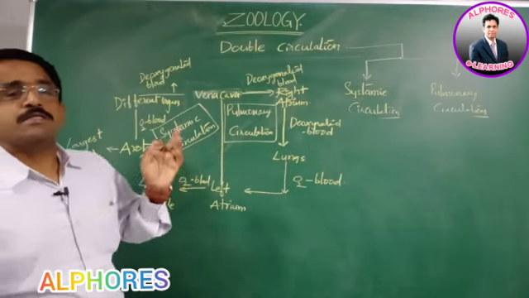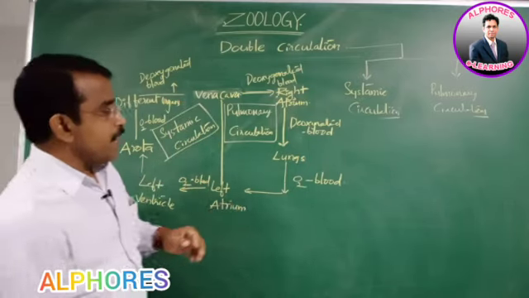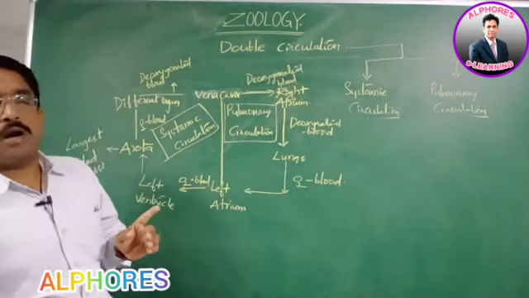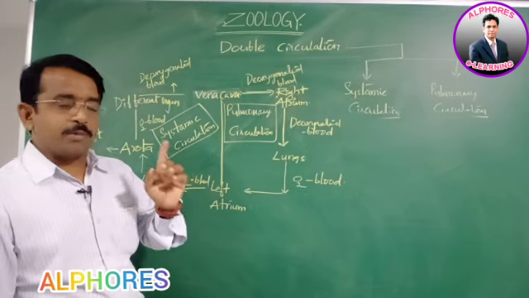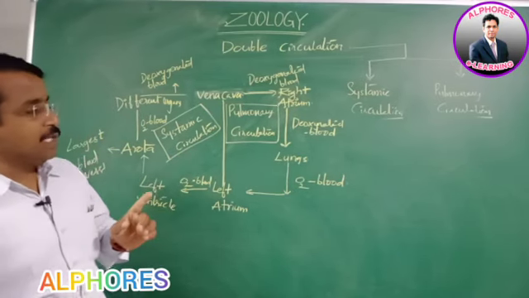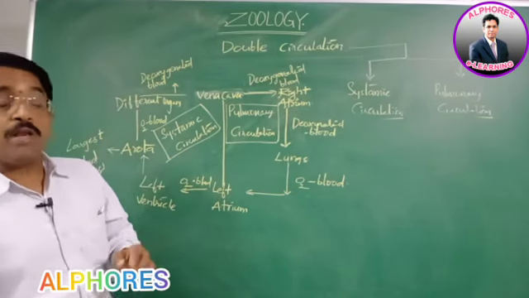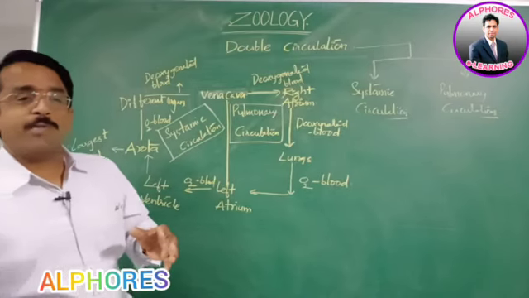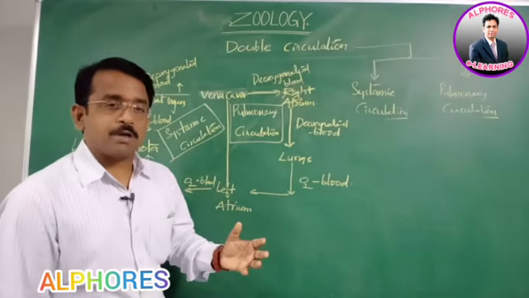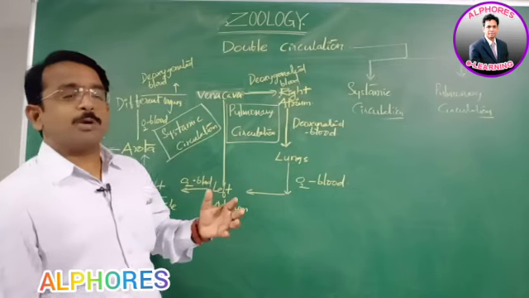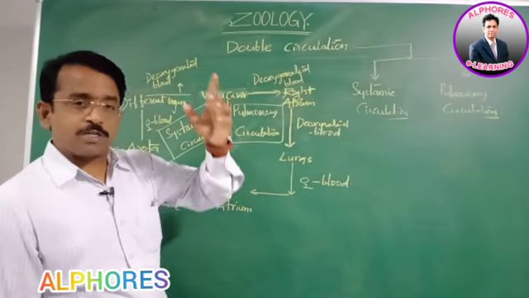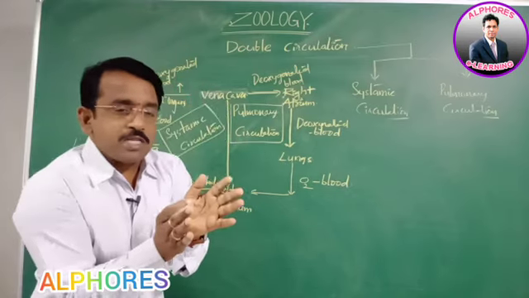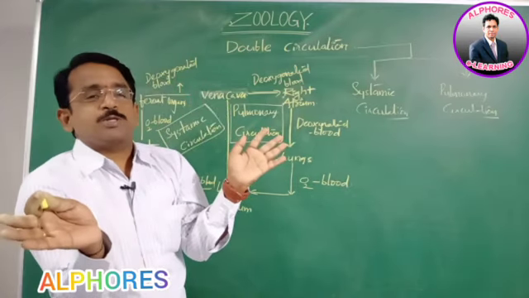That is systemic circulation, whereas the deoxygenated blood flows from the right atrium to the right ventricle to the pulmonary aortic arch, and reaches the lungs, where it bifurcates into two branches.